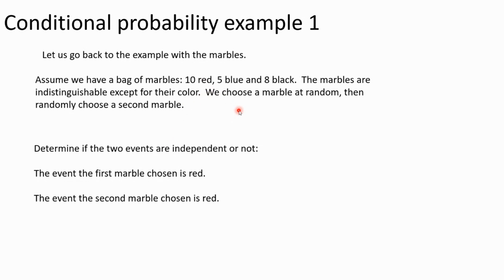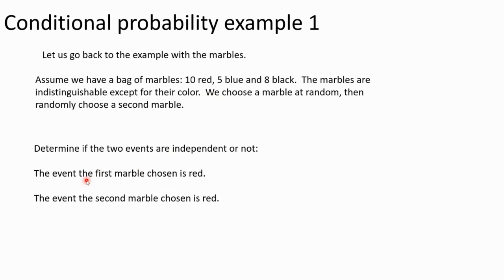So again, what's happening is we're reaching in the bag without looking and choosing a marble at random. We note the color, and then we choose another one. And remember, we're not putting the first one back. We're going to determine whether the events are independent or not.